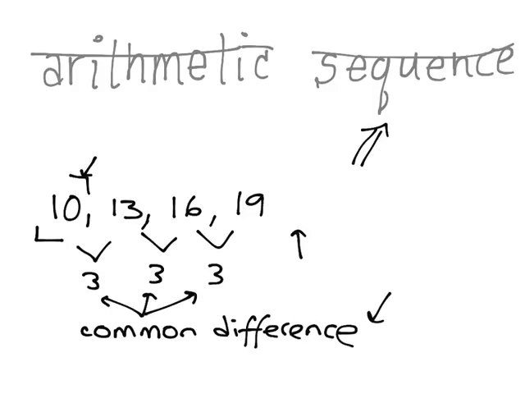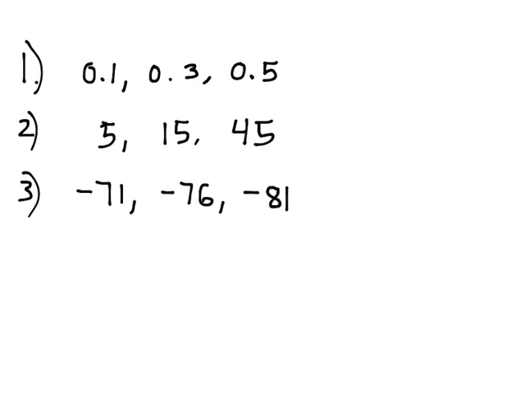Now, let's make sure we know what is and what isn't an arithmetic sequence. Here are 3 examples of sequences of numbers. Look over them and find out which ones are or aren't arithmetic sequences. And we'll go over them together now.